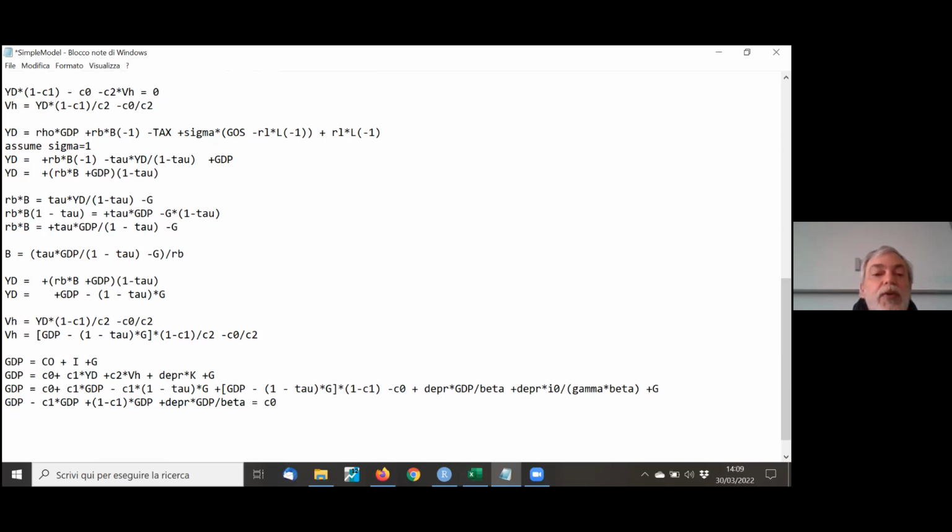And we are left with C0 minus C1 times 1 minus tau times, again, 1 minus tau, and with a plus, with a minus, so this becomes 1 minus tau twice times G over 1 minus C1.